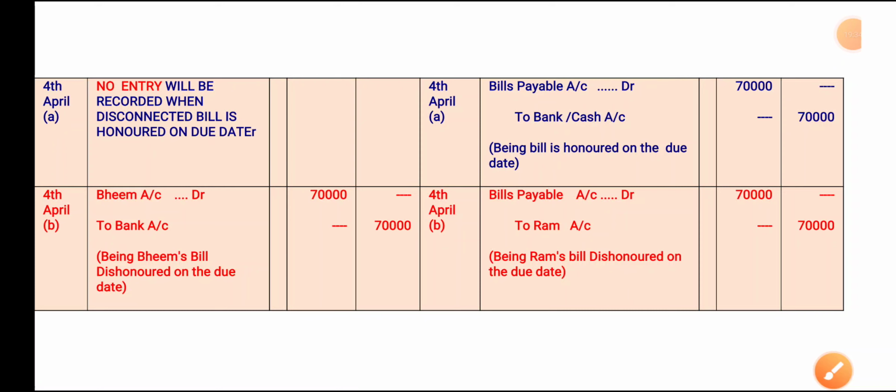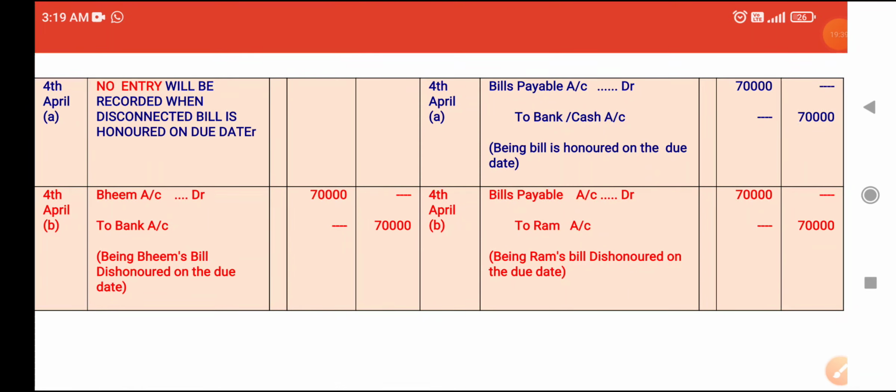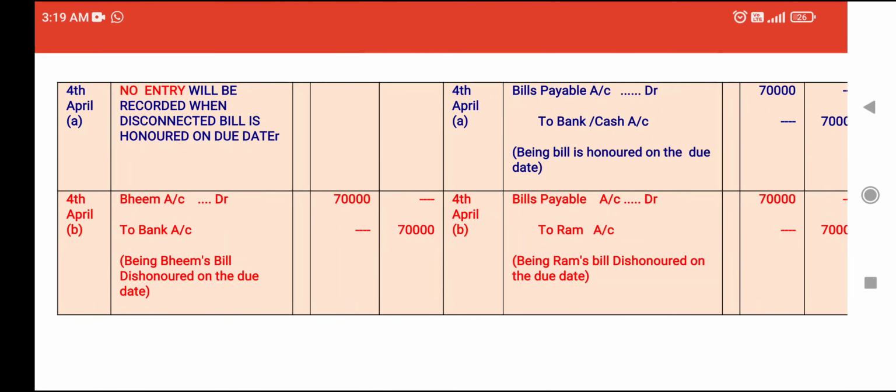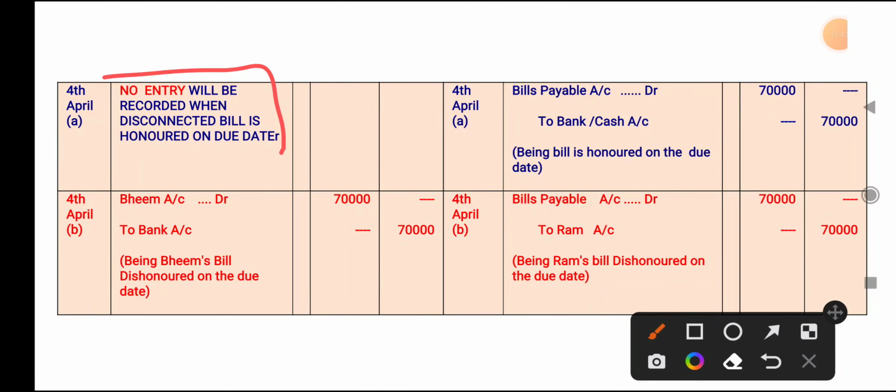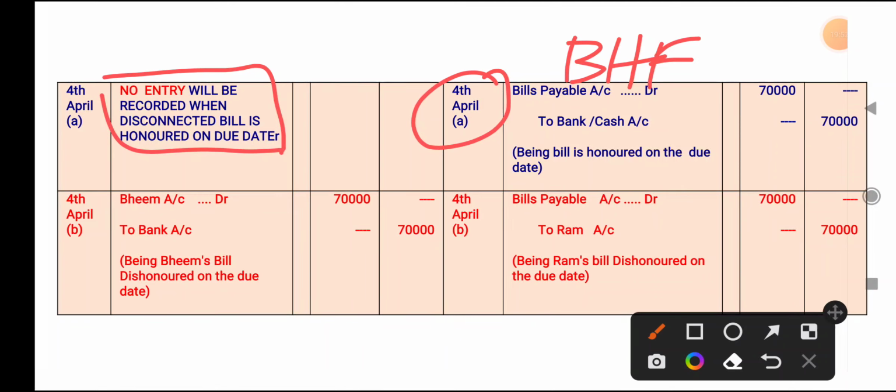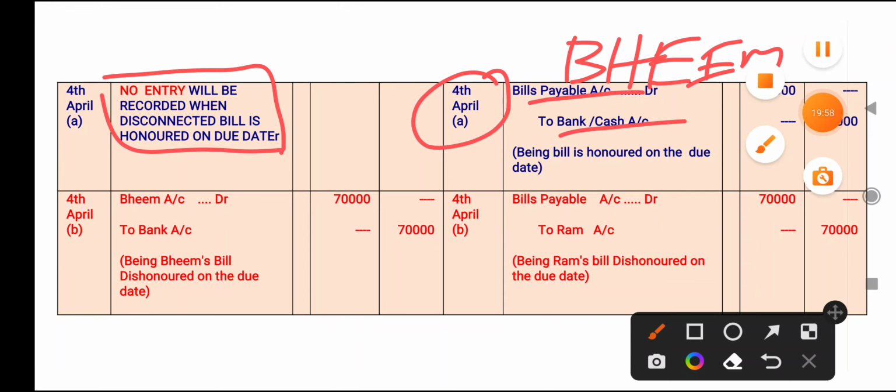Okay, no entry will be recorded when a discounted bill is honored on the due date. This is what you need to understand. But in the books of drawee, in the books of Beam, there will be an entry, bills payable to bank account.